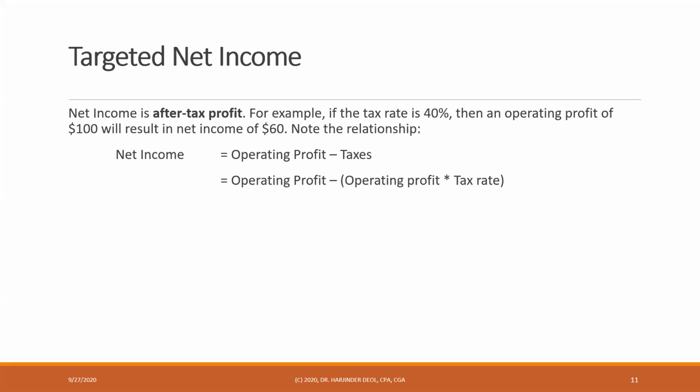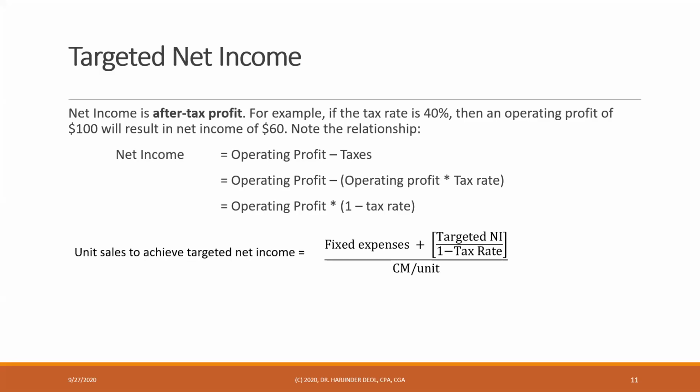If we simplify this, we are looking at our operating profit minus your taxes, which basically is your operating profit times your tax rate. We can also look at that as your operating profit multiplied by 1 minus the tax rate.